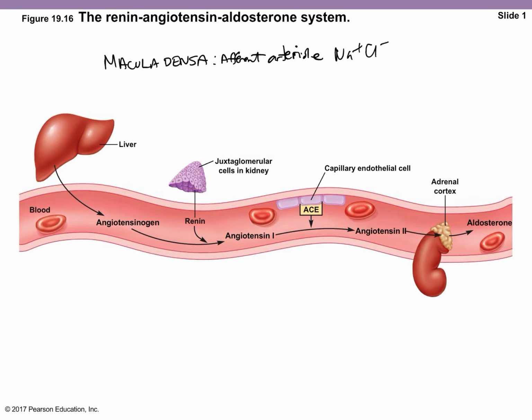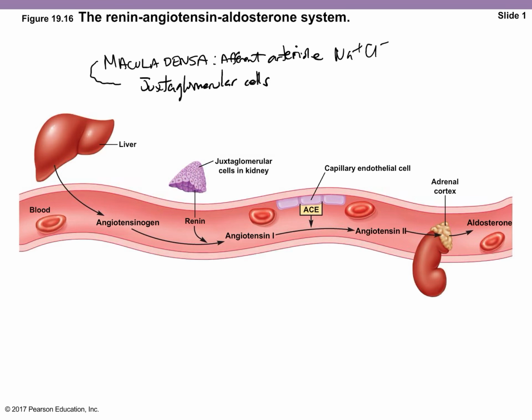The macula densa then can talk to a collection of cells called the juxtaglomerular cells. Now, I know the notes say granular cells of the juxtaglomerular apparatus, but you can just say juxtaglomerular cells.